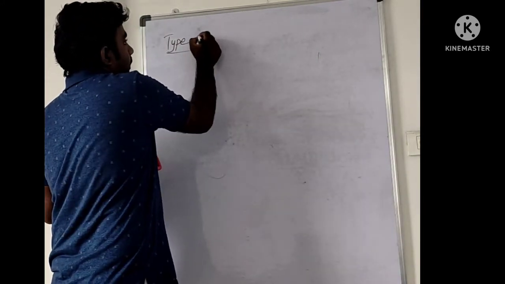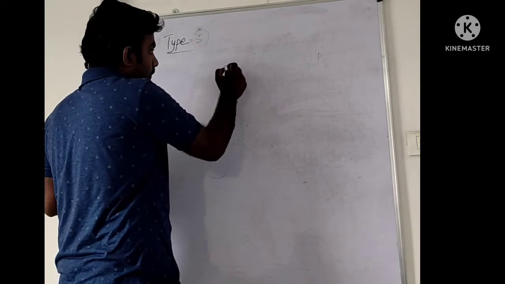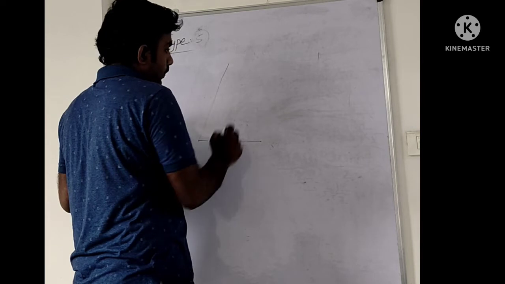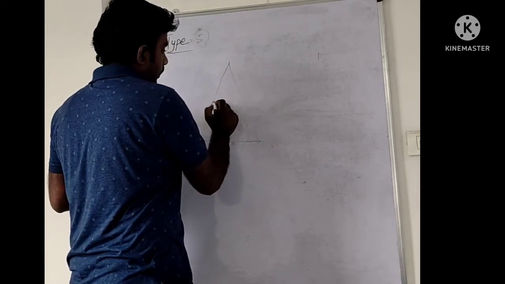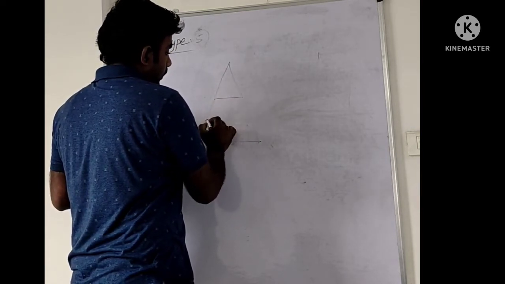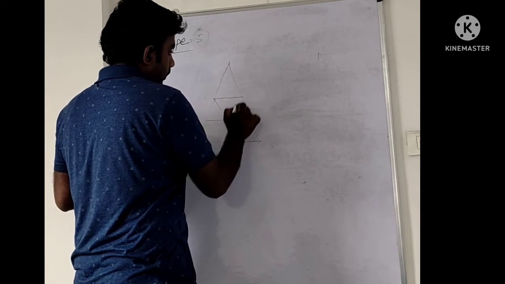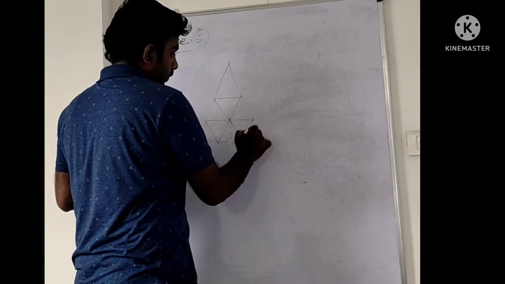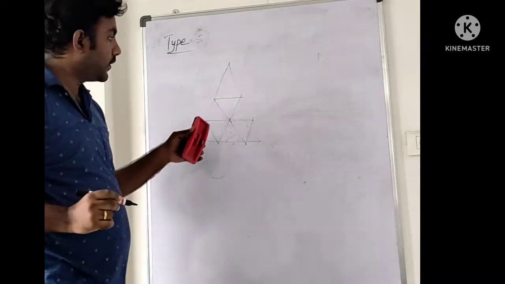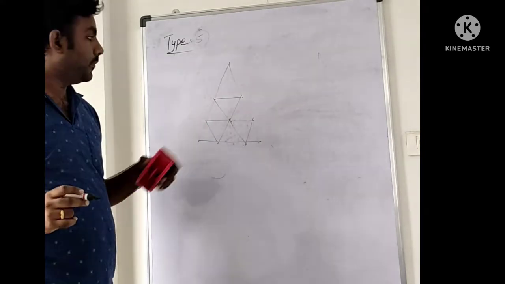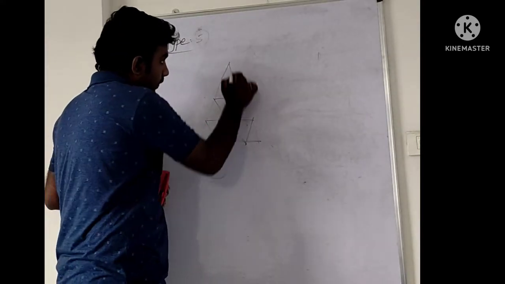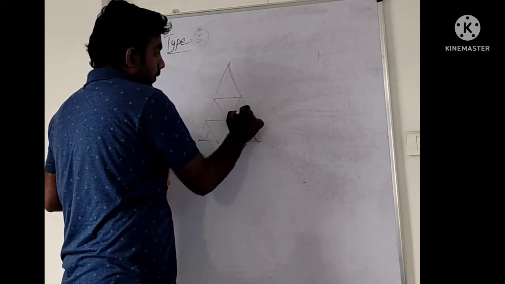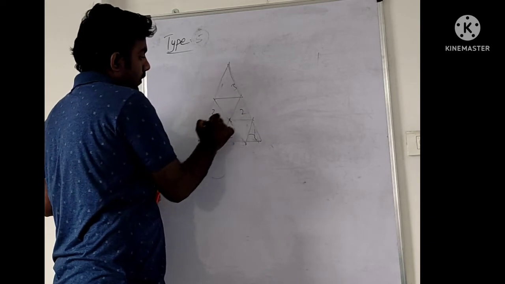Come to the next type. In total how many triangles are there? Here for each side 1, 2, 3, 1, 2, 3, 1, 2, 3.